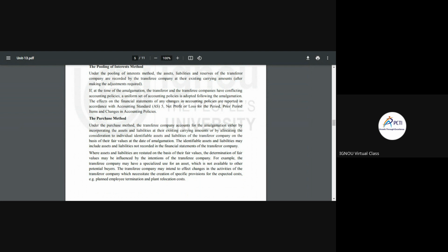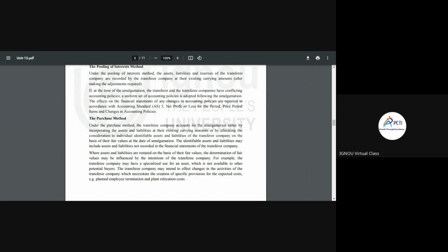Under the purchase method, the transferee company accounts for the amalgamation either by incorporating the assets and liabilities at their existing carrying amounts or by allocating the consideration to individual identifiable assets and liabilities of the transferor company on the basis of their fair value at the date of amalgamation.